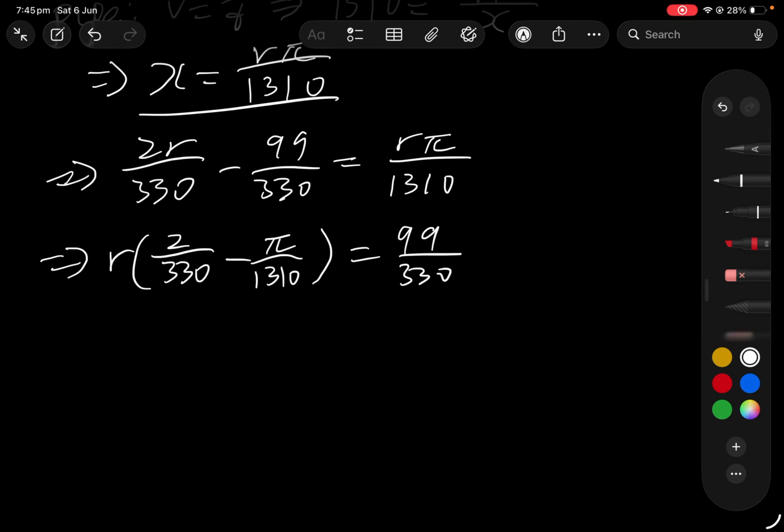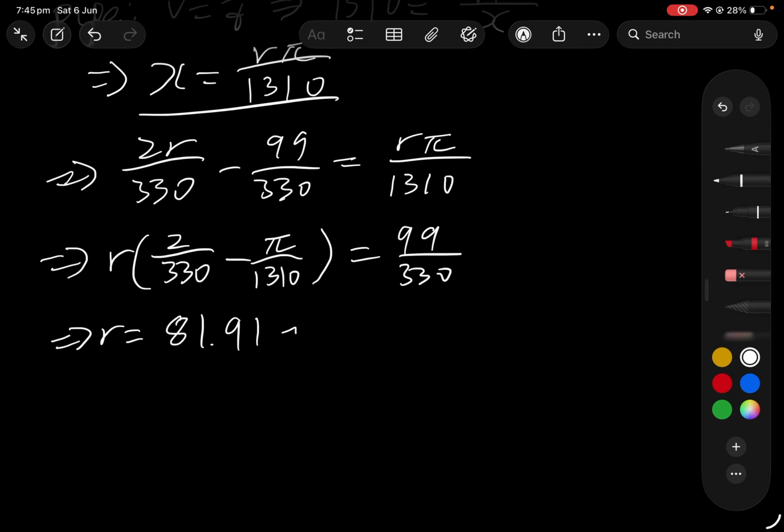So we'll first figure out what 2 over 330 minus pi over 1310 is, and it equals some number. We'll just divide it straight away because the calculator is stupid, so 99 over 330 divided by the answer, and we get that r equals 81.91.